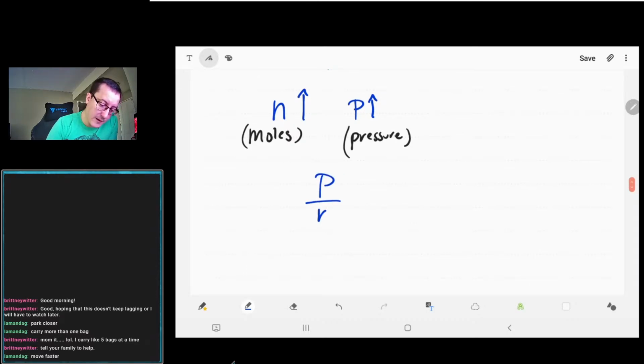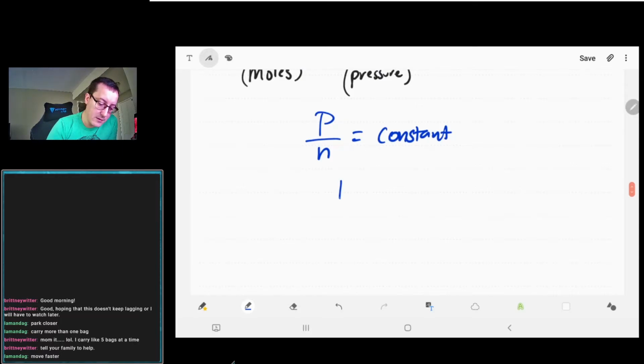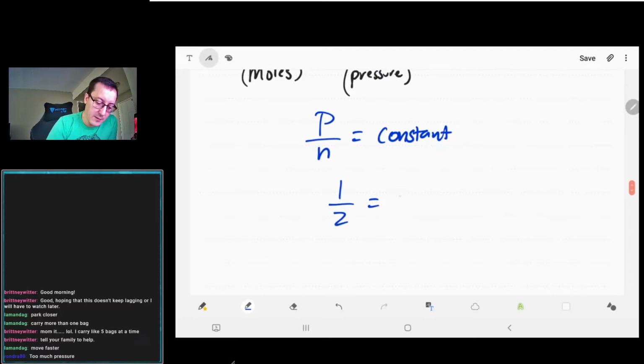And so this would be mathematically described in this manner. So if we increase pressure or moles, we have to increase the other one to maintain this relationship, right? Because if you think, 1/2 is 0.5, nothing crazy.